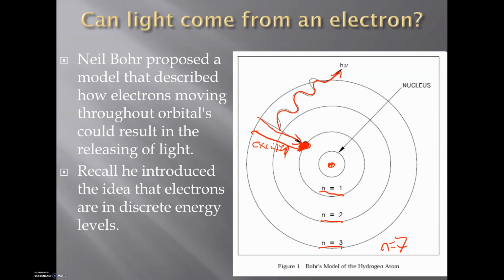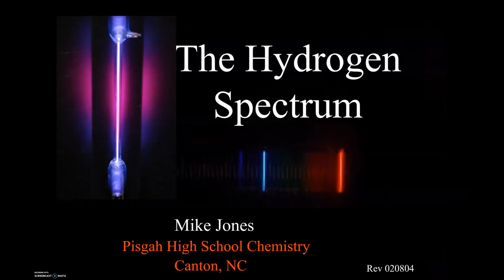As we talk about the electron and how it transitions, and we try to understand what types of light get emitted during that transition, we can look at the hydrogen atom and learn a lot from it. This is an alternate PowerPoint, and it gives you an illustration of the hydrogen spectrum. Hydrogen gas emits specific colors, and you can see here that it emits a purplish bluish colored light.